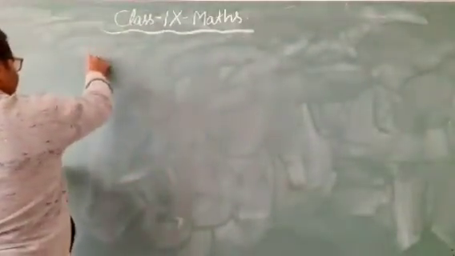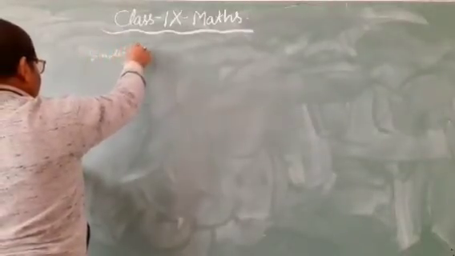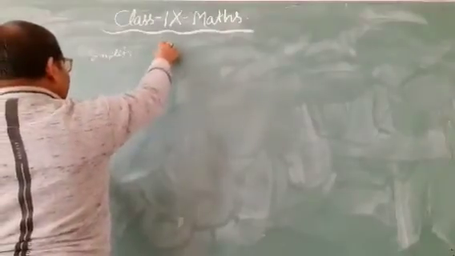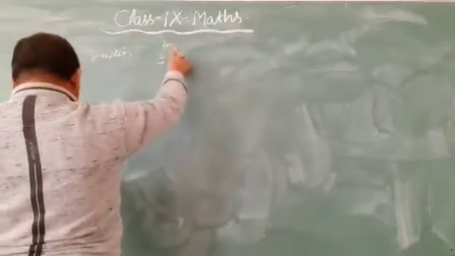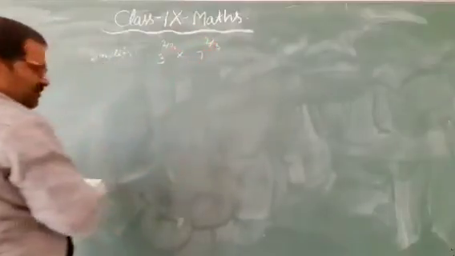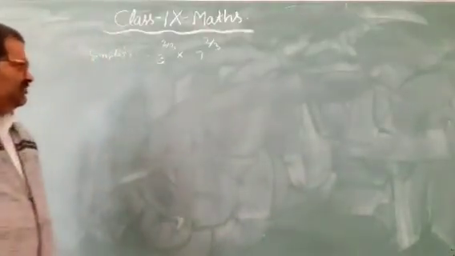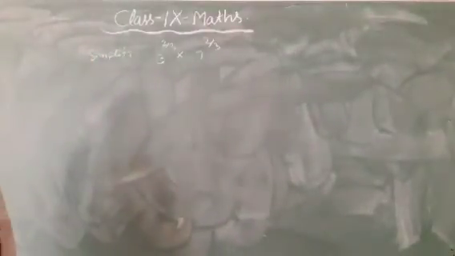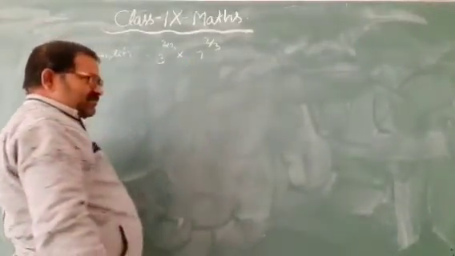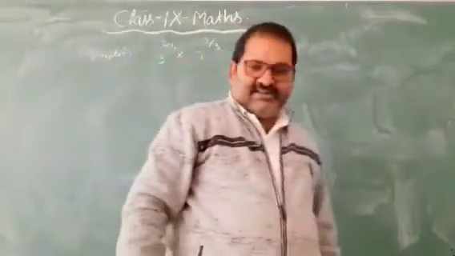Simplify 3 power 2 by 3 into 7 power 2 by 3. Now the question is this: the bases are 3 and 7 and the exponent is 2 by 3.